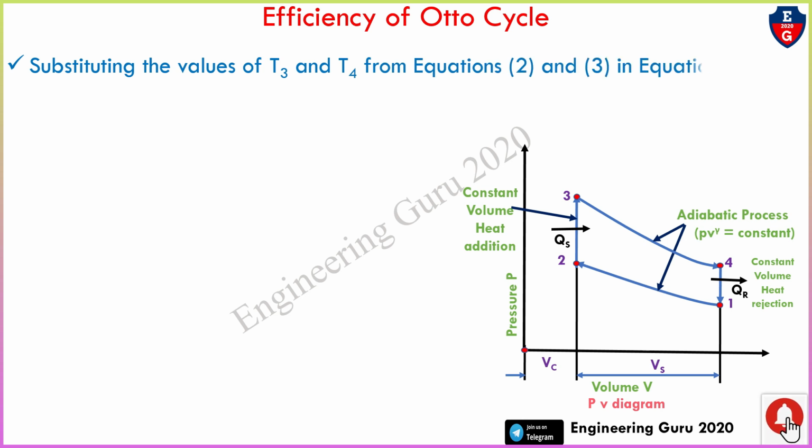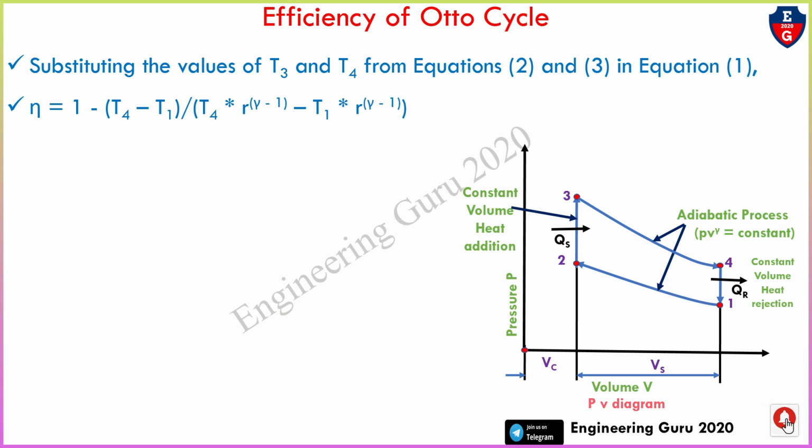Substituting the values of T3 and T2 from equations 2 and 3 into equation number 1, now simplification is done. Efficiency equals 1 minus (T4 minus T1) divided by (T4 r raised to gamma minus 1 minus T1 r raised to gamma minus 1). Efficiency equals 1 minus (T4 minus T1) divided by r raised to gamma minus 1 into (T4 minus T1).